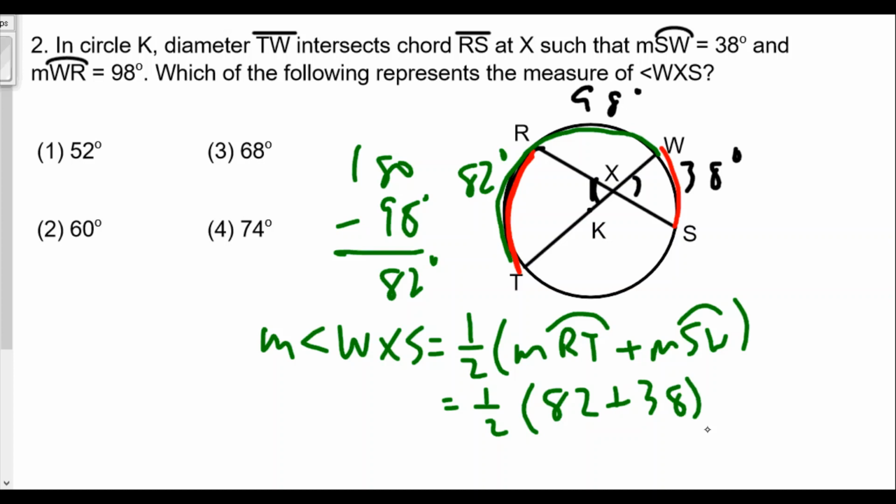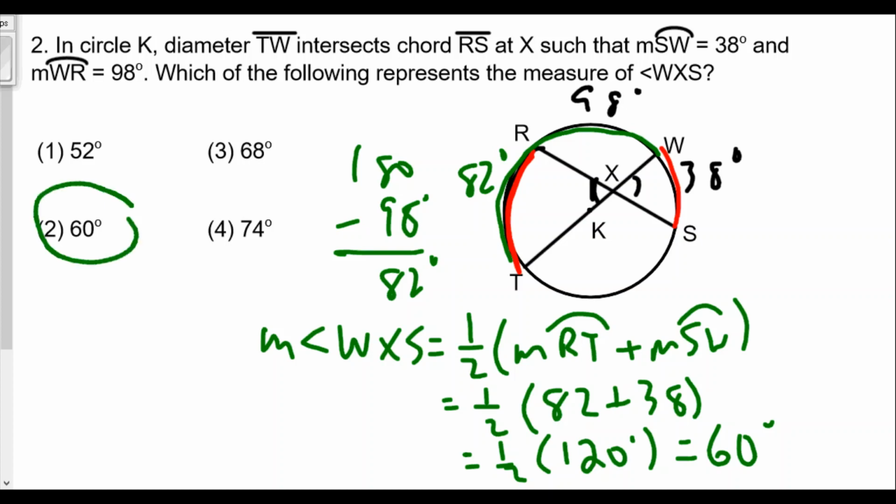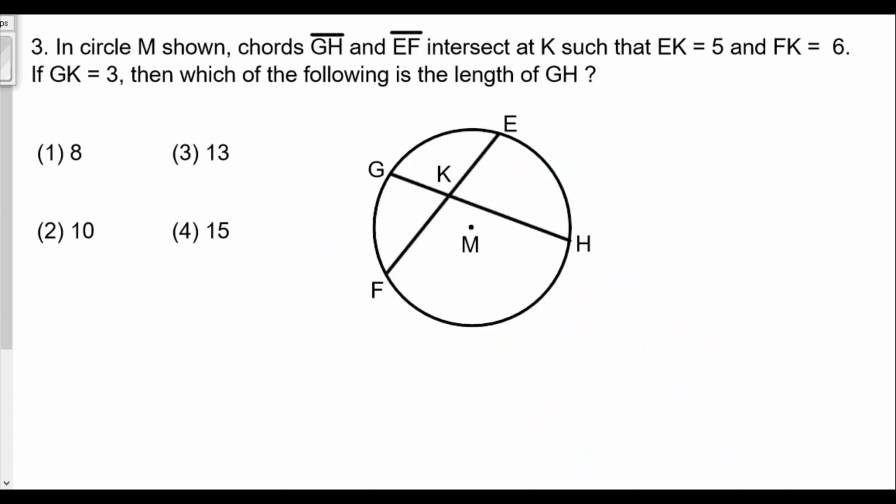And here 82 plus 38 is 120. And half of 120 is 60 degrees. And therefore, we're going to get 60 degrees. Okay? All right. So let's try question number 3.